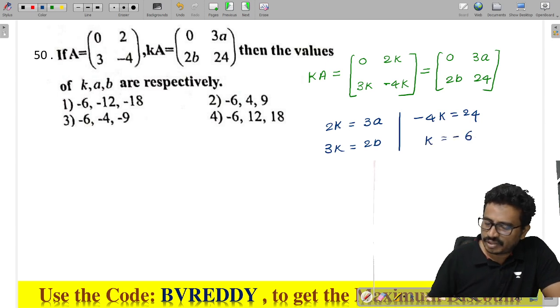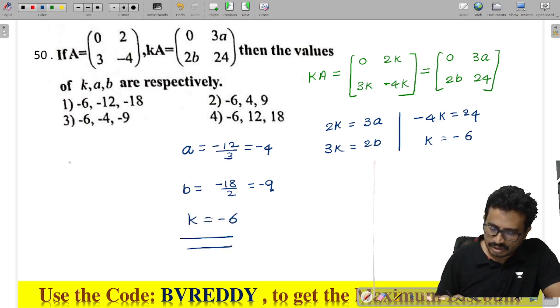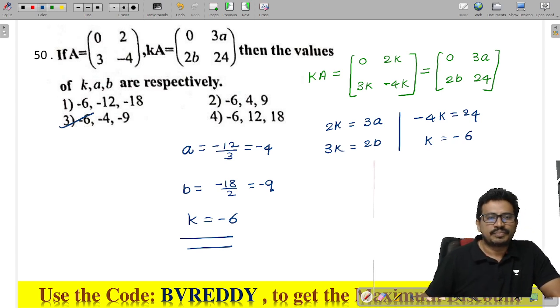Then we can replace this K value here. Then you get the A value as minus 12 by 3, which is equal to minus 4. And the B value is minus 18 by 2, which is equal to minus 9. The K value is minus 6. You can see the option: K value minus 6, A minus 4, B minus 9.